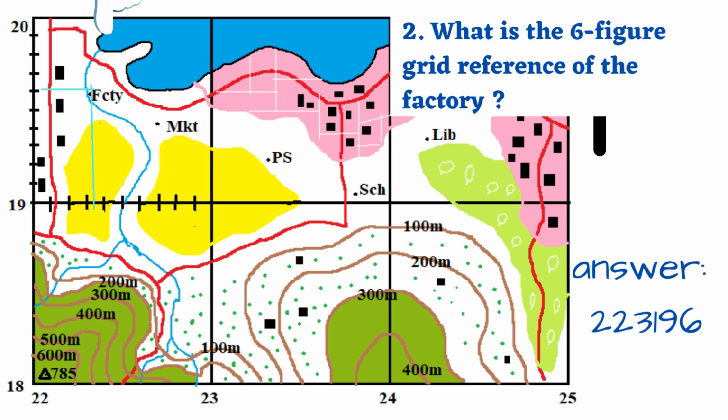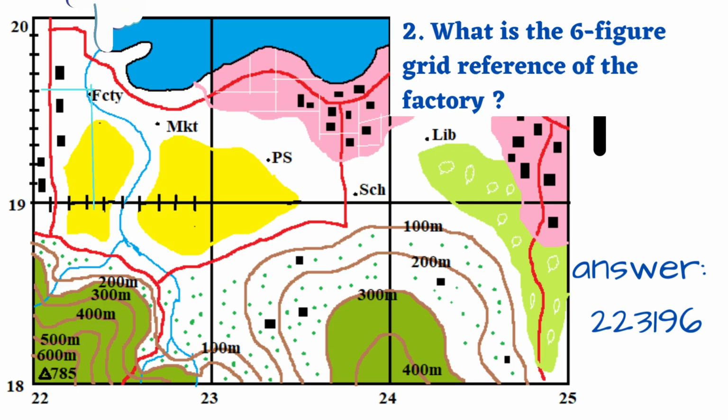But for now, just know that you will need to divide the space between 22 and 23 into 10 smaller and equal spaces, and you need to do the same for that space between 19 and 20. After doing so, then it is easier for you to write down the values.